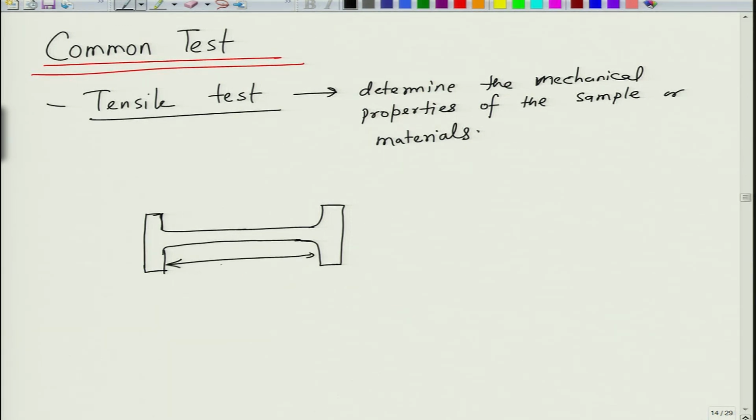And for the laboratory this sample would generally be about a centimeter or so, and this could be roughly 0.5 centimeter for lab specimens.